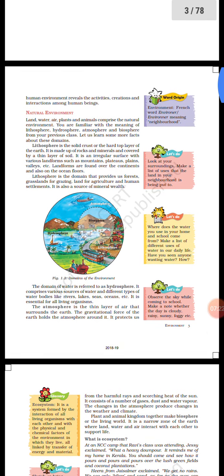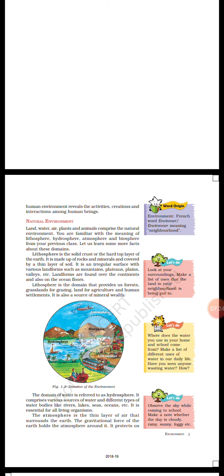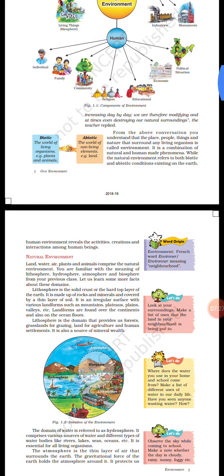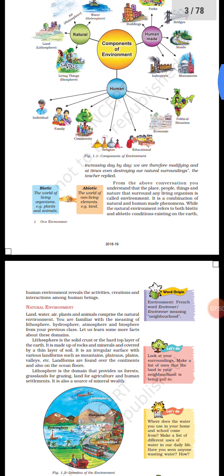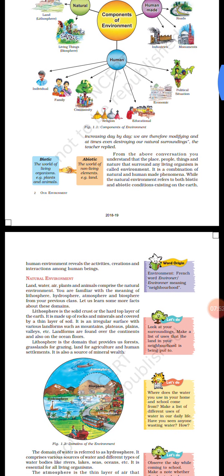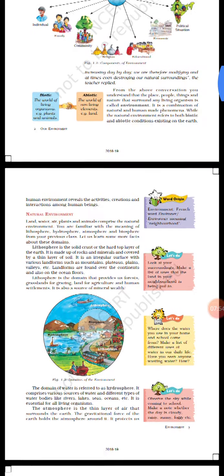While biotic refers to the world of living organisms, whereas abiotic refers to the world of non-living elements such as land, water, air, etc. The human environment refers to the activity, creations, and interaction among human beings.